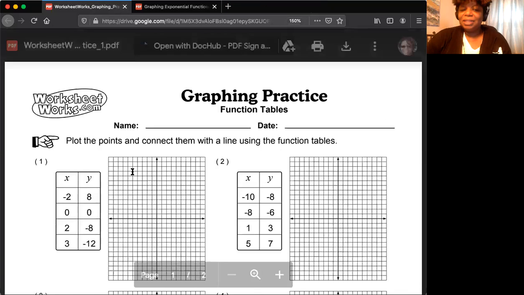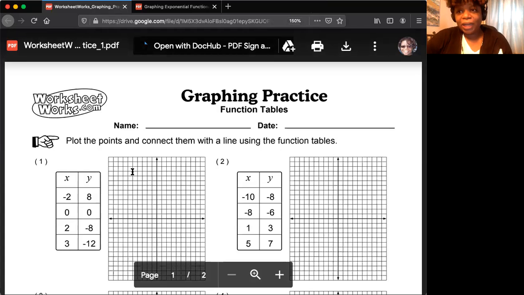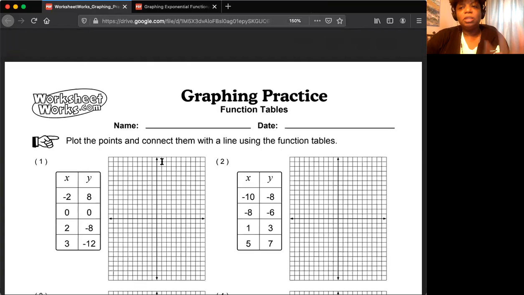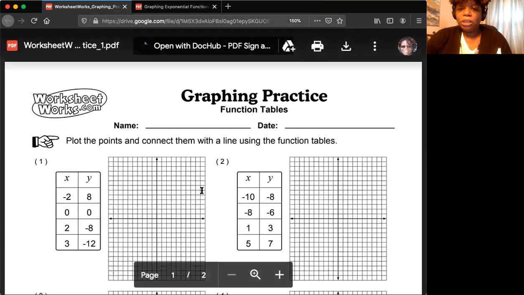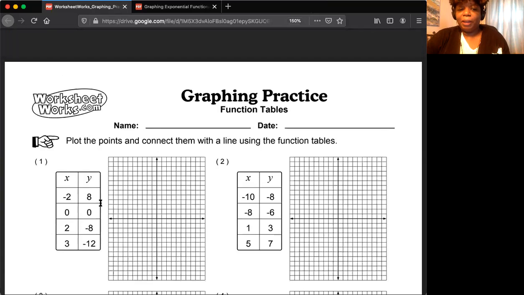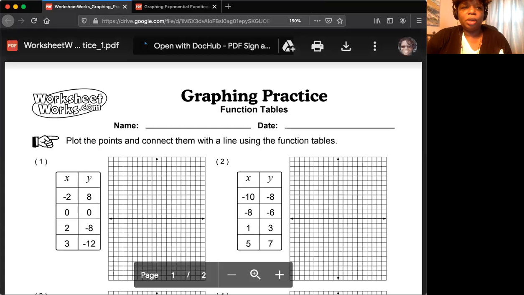But like I said, there is still more practice on graphing. So make sure you pick anything, submit it to your teacher. And again, plotting points on the graph by using a table of values or actually the patterns. All of those are great examples.